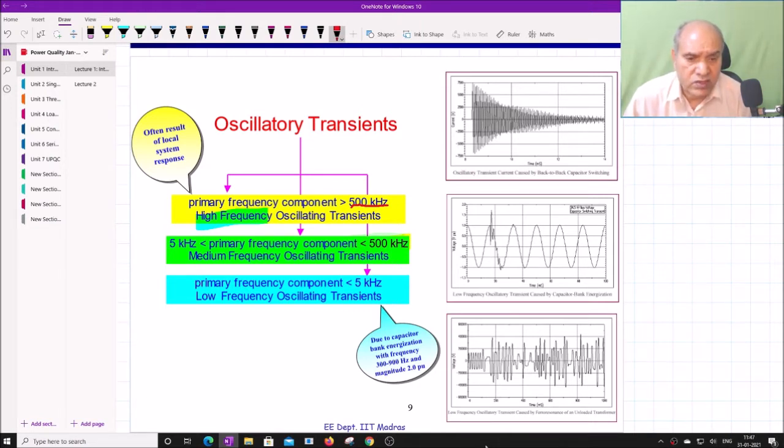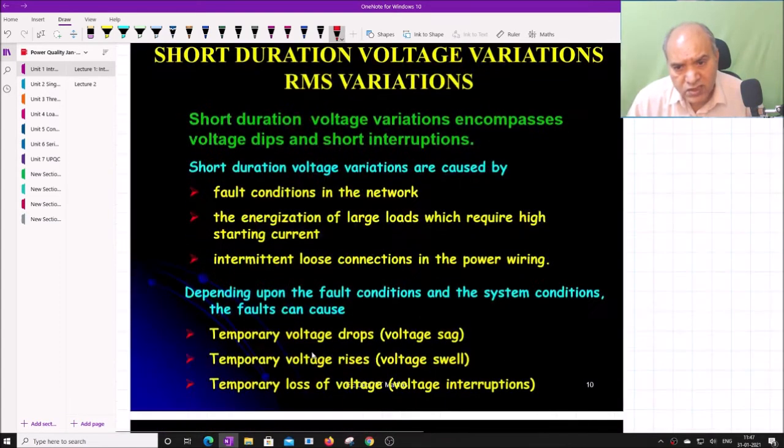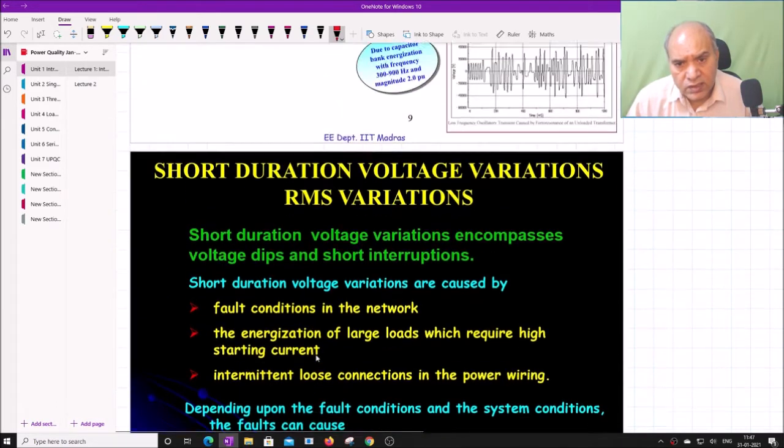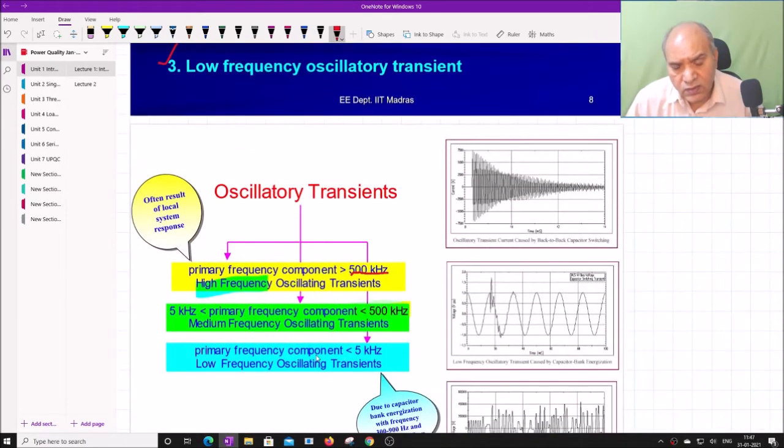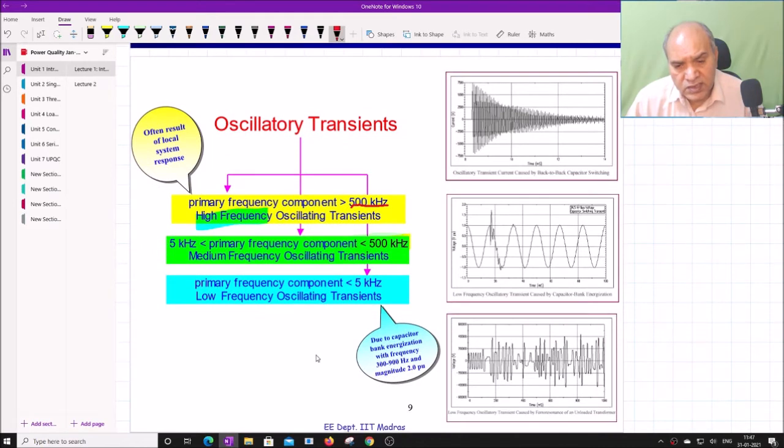The frequency of oscillation depends upon many factors: the configuration of the network, the parameters of the transmission line, the feeder, and nearby grounding. So many aspects are there.